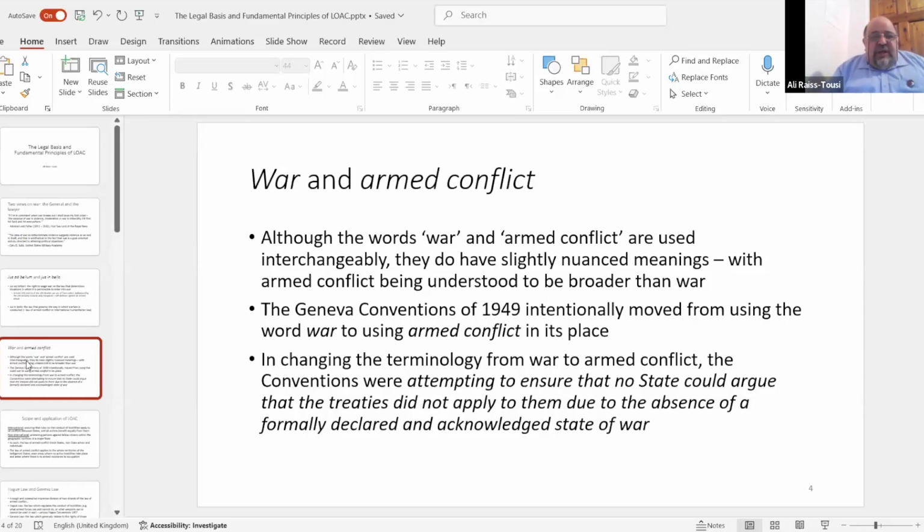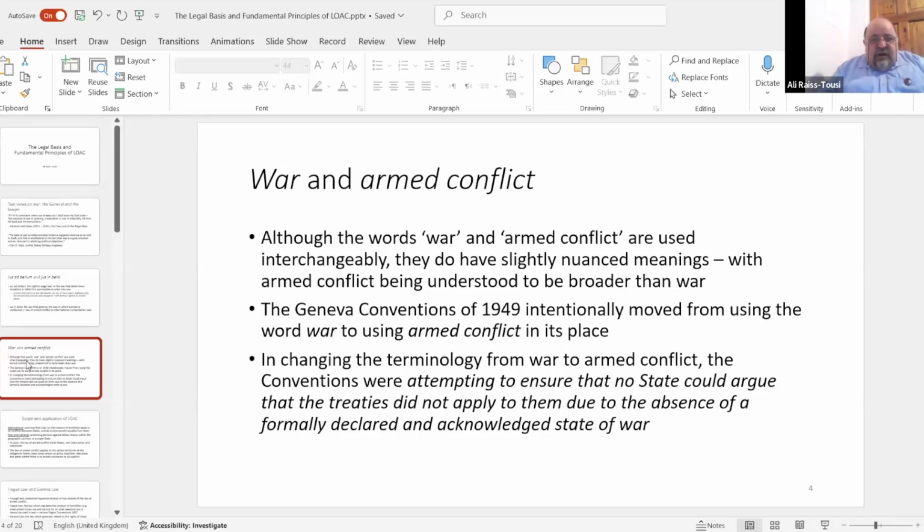In these circumstances, the attacking state would say, these rules do not apply because we are not at war. However, the move from war to the term armed conflict means even if one of the two parties or both of the parties refuse to accept that the state of war exists between them, there are clearly hostilities taking place with the use of weapons.